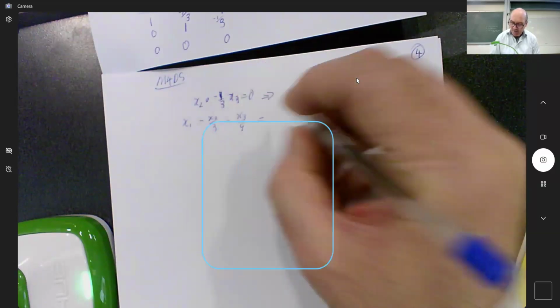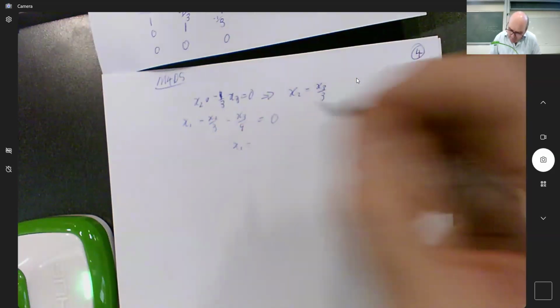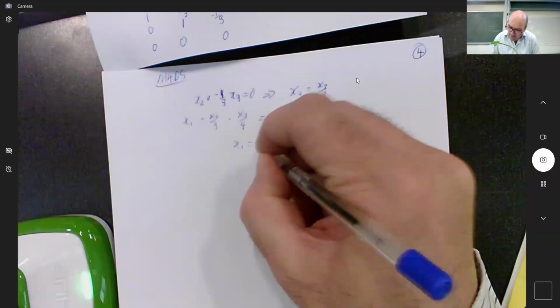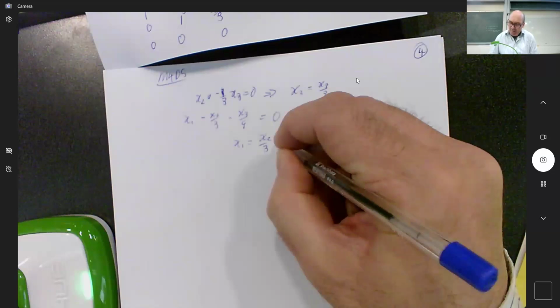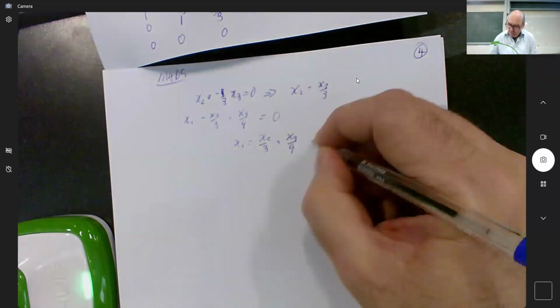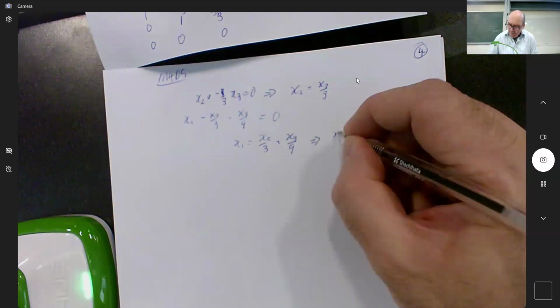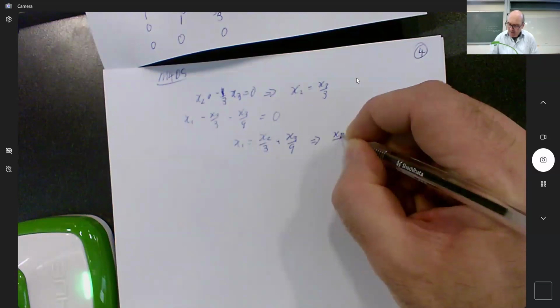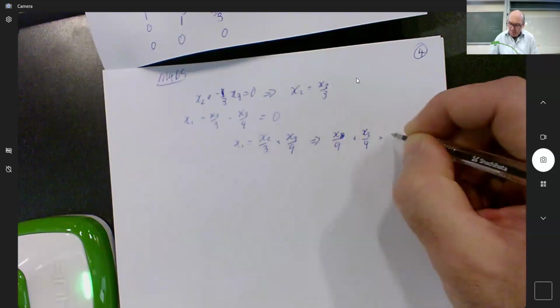So x1 is equal to, now I'm going to say, x2 on 3 plus x3 on 9. But because I know x2 is this, I can go, hey, that's going to be x3 on 3 on 3, which is 3 on 9, plus x3 on 9, 2 on 9 by x3.